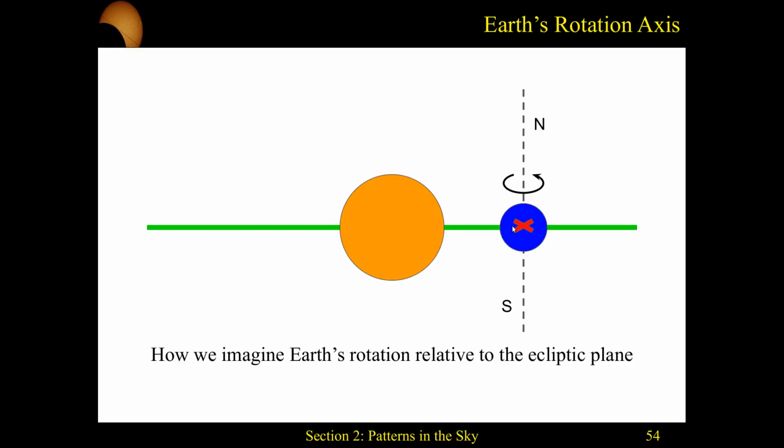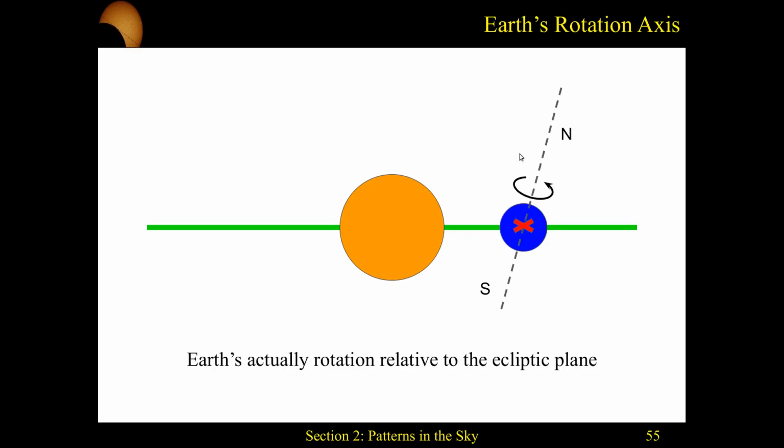So the Earth would rotate. Here it would be going into the screen, coming around, coming out of the screen, and rotating out. So this is what we like to think of as Earth's rotation relative to the ecliptic plane. That Earth is just revolving around, creating our 24-hour day. But the reality is that this axis here is tilted.